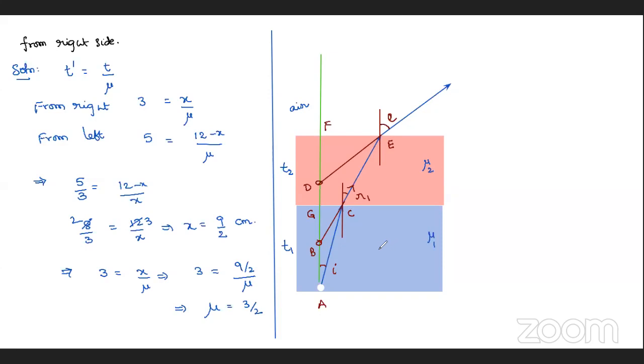Tell me. T1, with the knowledge we had earlier, we can say directly, sir. Okay, okay, which one are you saying? GB. GB. Okay, GB, you are directly taking. GB equals how much, straight away? What you are saying? T1 by mu1 with respect to 2. Oh, good. Mu1 with respect to 2.